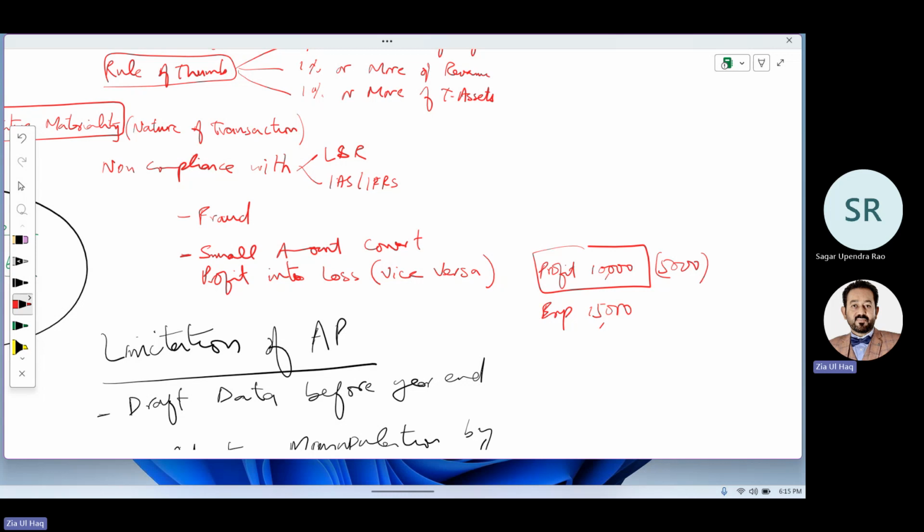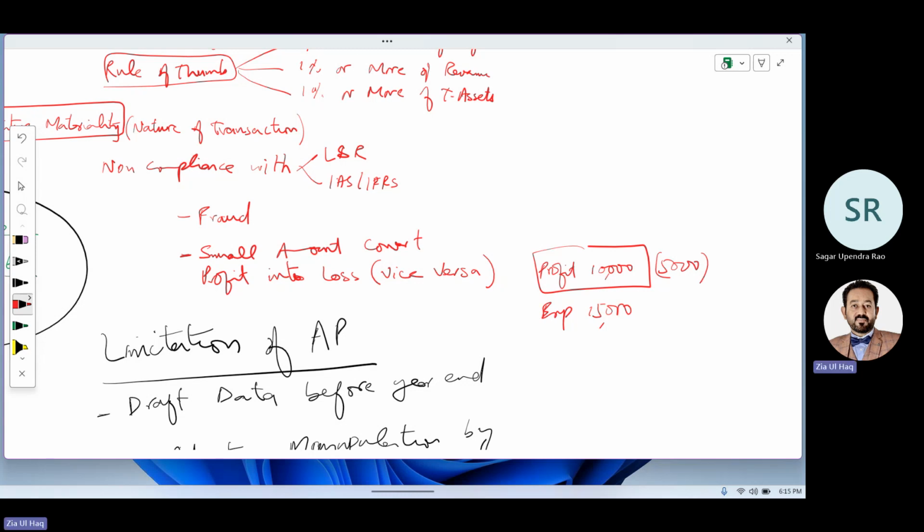So 15,000 is a small amount, but if corrected, it will convert profit into loss or loss into profit, so we will consider it a material misstatement, a qualitative one. Because showing 10,000 profit instead of a 5,000 loss affects the decision of investors.